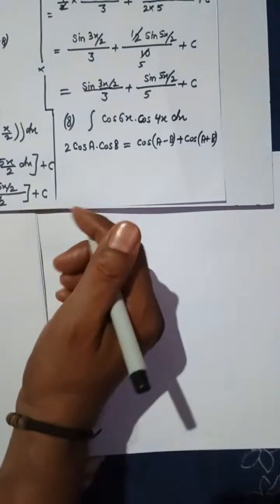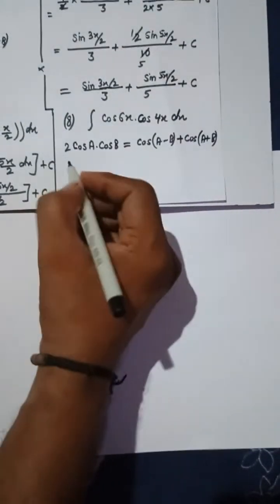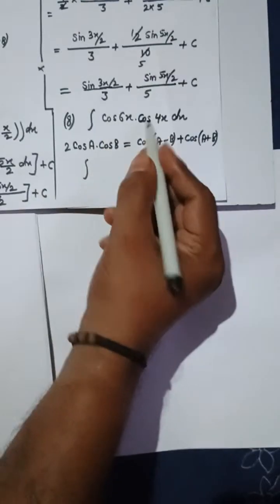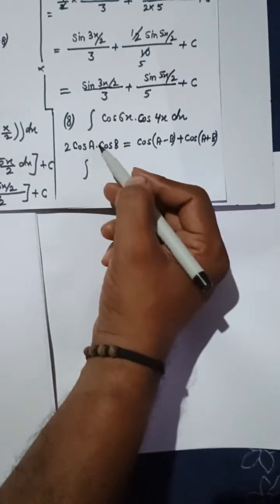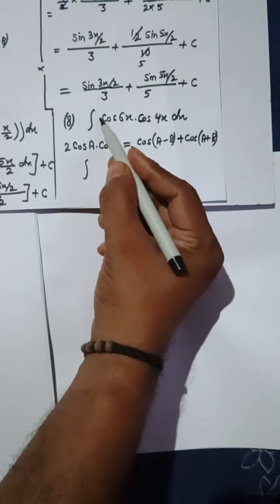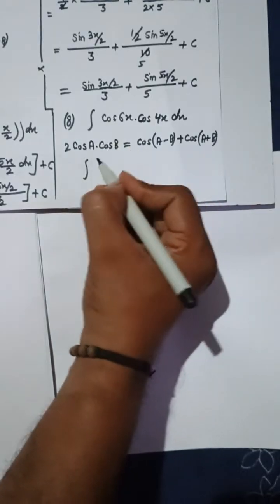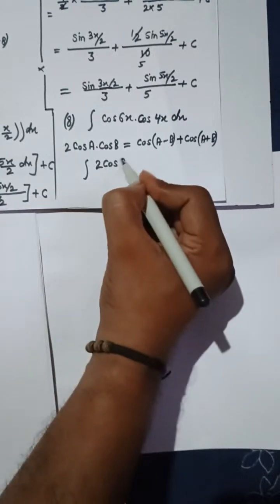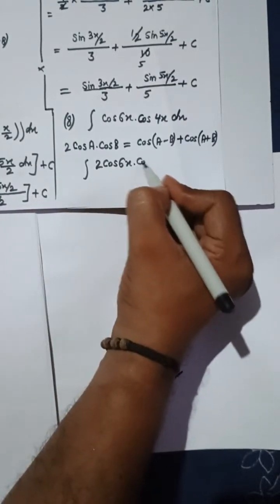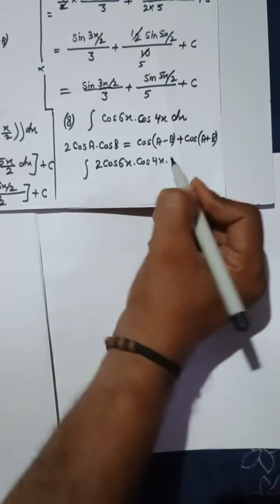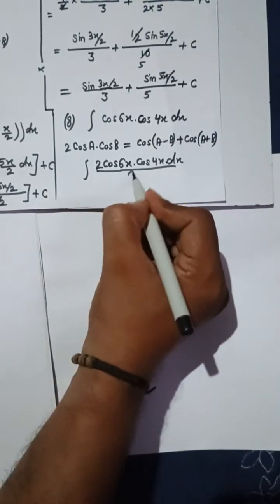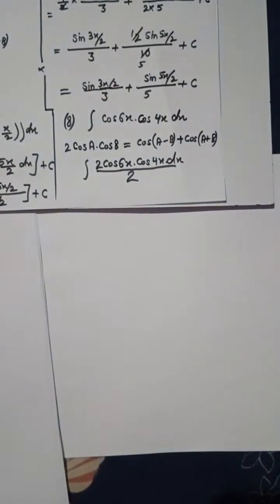Okay, so let's solve here. Integration, 2 is not there. I need to get this formula over here, so I'm multiplying by 2 and dividing by 2, so we can get this formula. So 2 cos 6x and cos 4x, then dx divided by 2 over here.